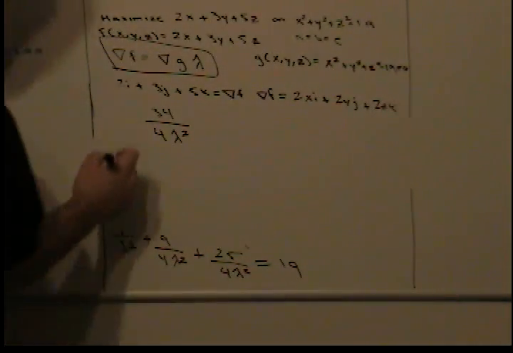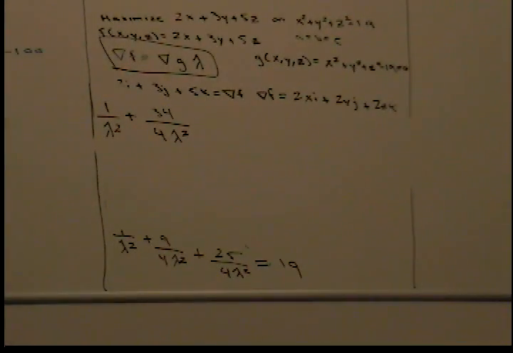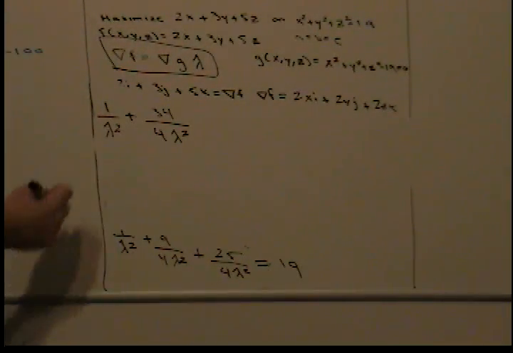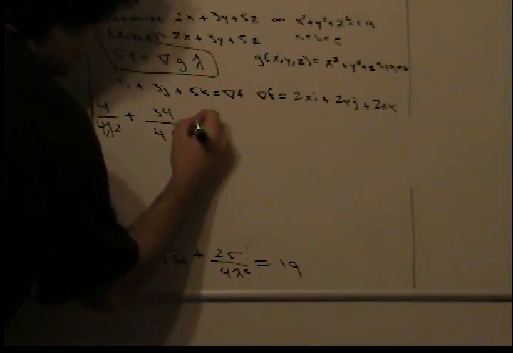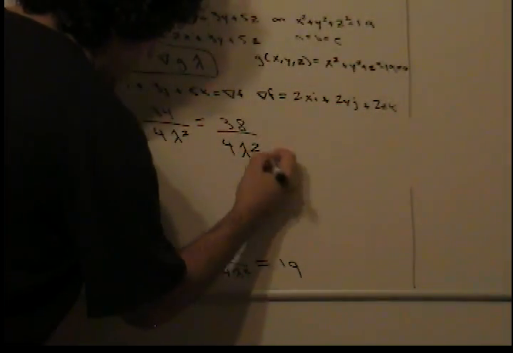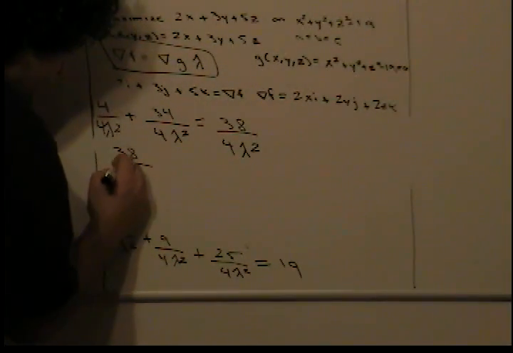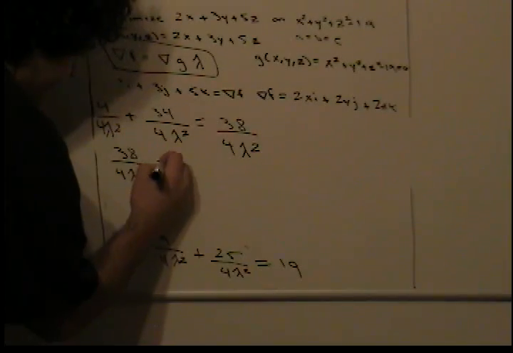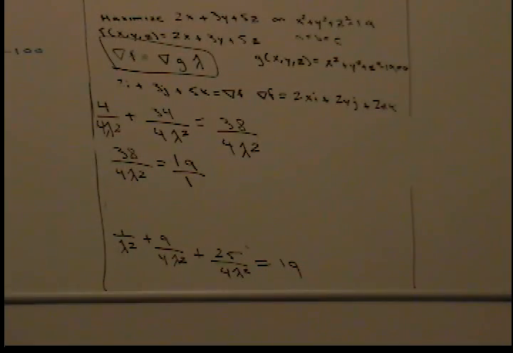And finally we have this 1 over lambda squared. The common denominator between these is 4, so multiply this by 4, which gives you 4 over 4 lambda squared. You get 38 over 4 lambda squared, and that equals 19. So now we just solve for lambda over here.